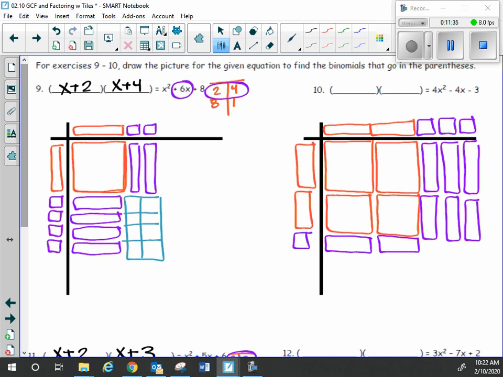The 3, because if I take -6x and I add 2x to it, what am I going to get? -4x. So now you can go ahead and draw it in on your paper because it worked. Because what's our final piece going to be to round out that rectangle? -3, which is exactly what we needed.